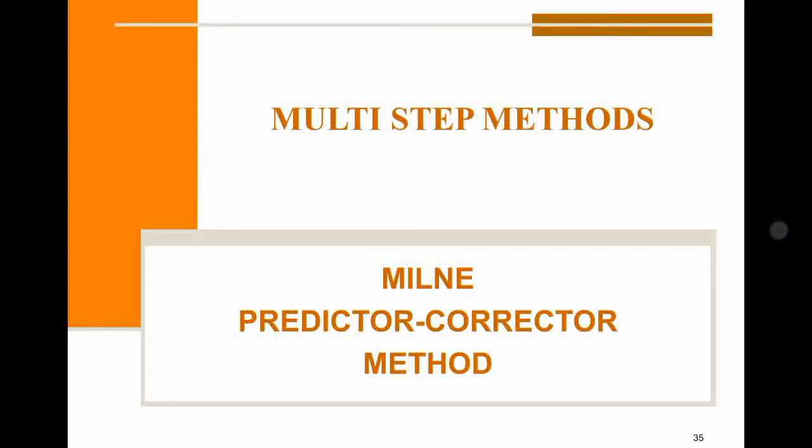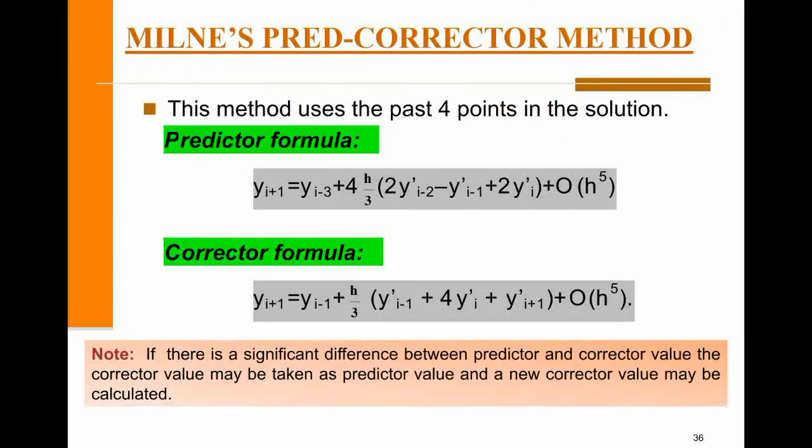Milne predictor corrector method. These are the formulae for predictor and corrector by Milne's technique, right? You can see here, not only yi, we are using yi minus 1, yi minus 2 as well as yi minus 3.